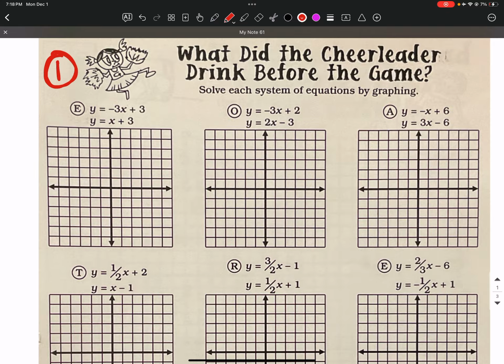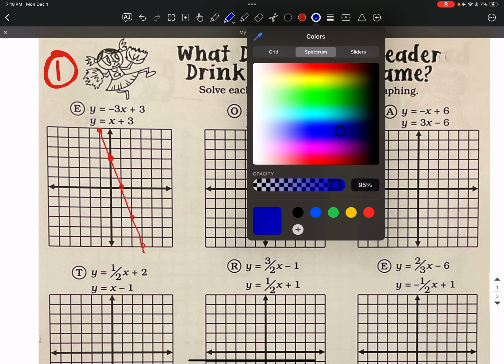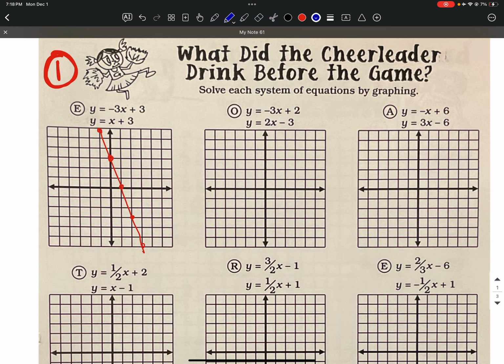Negative 3x plus 3 goes down 3 every time. This one starts off at 3 and goes up 1 every time. They hit right there at 0, 3.